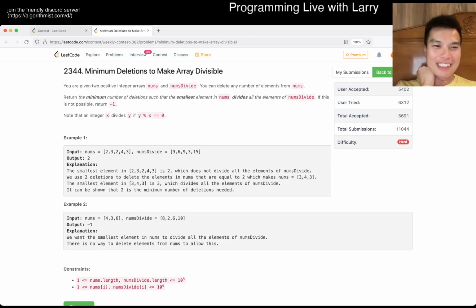I mean, this is a reseed, so I don't care that much, but let's actually read the problem first. Delete any number of elements from nums. Minimum number of deletions such that the smallest element of nums divides all elements of nums. What does that mean? The smallest element is 2, so then you have to delete 2, and then 3, 4, 3.